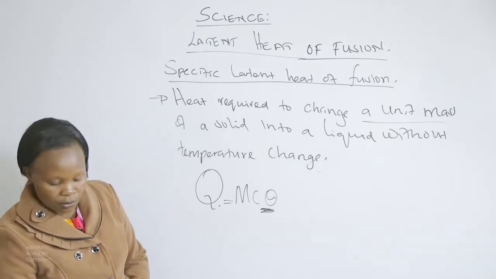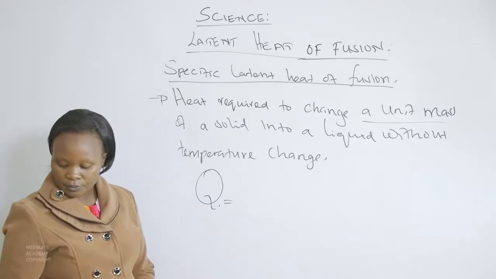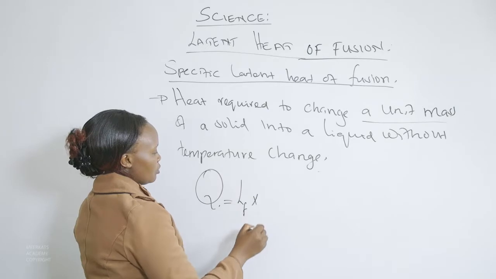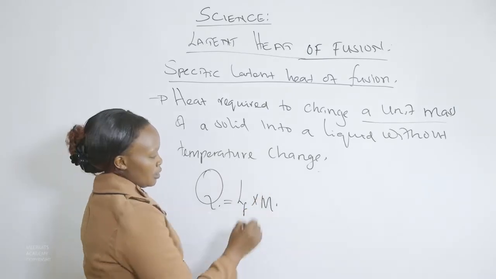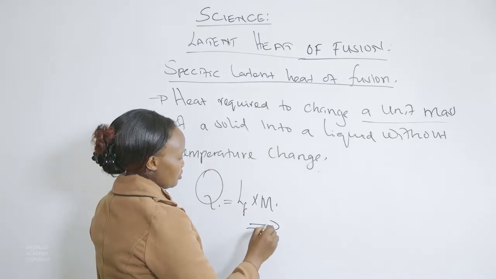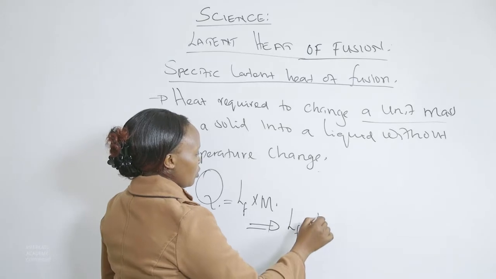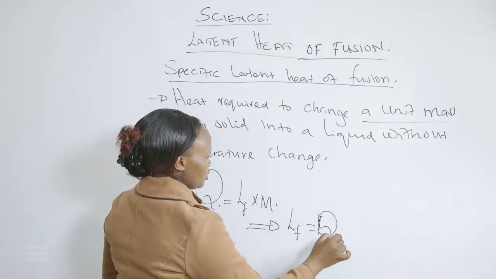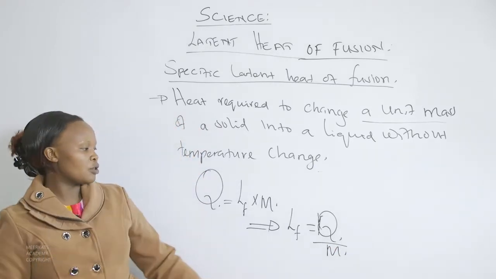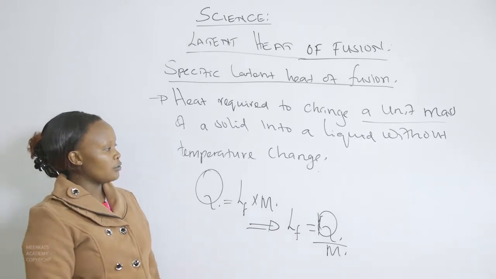So right now we talk about latent heat of fusion, and we multiply that by mass, which brings us to latent heat of fusion being equal to heat divided by mass. Because we are talking about a unit mass, we have to take care of that.